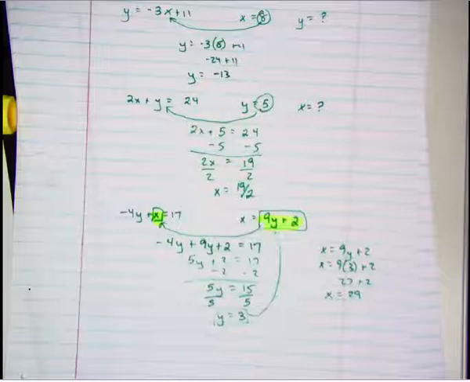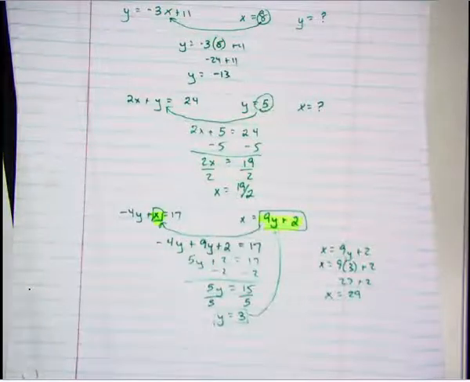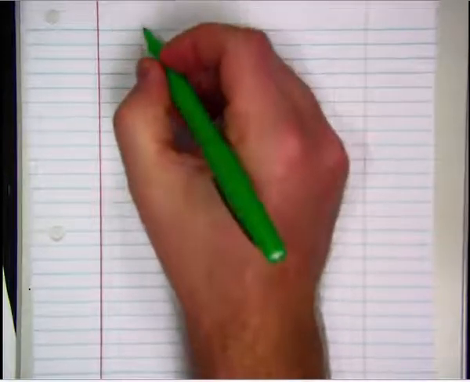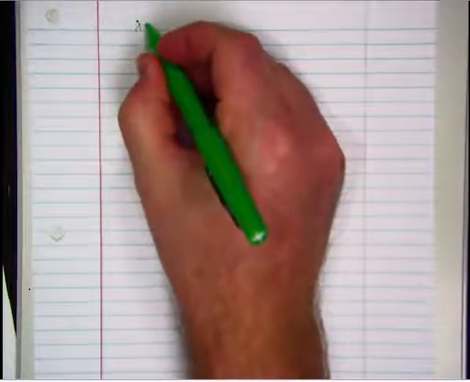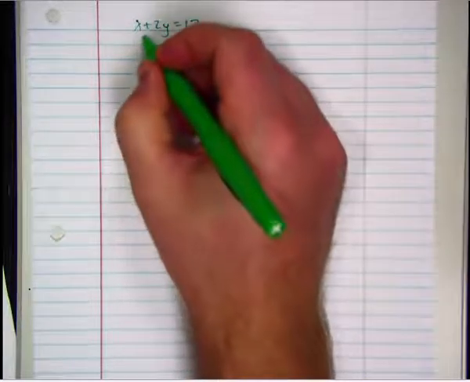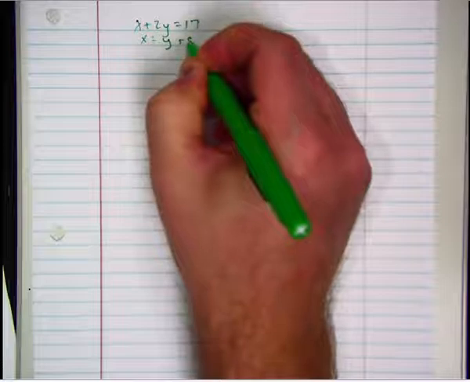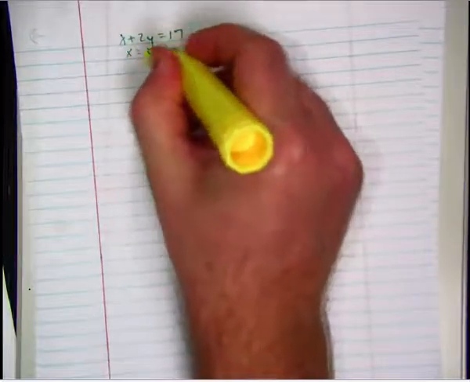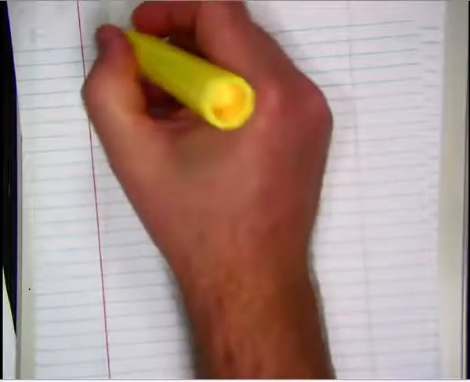This is something called the substitution method. All it means is that we have one variable alone so that we can substitute into the other equation. So if I were to give you a system of equations where one equation is x plus 2y equals 17, and another equation is x equals y plus 8, I recognize that x is all alone in the second equation, so I'm going to take everything here and put it in place of x.